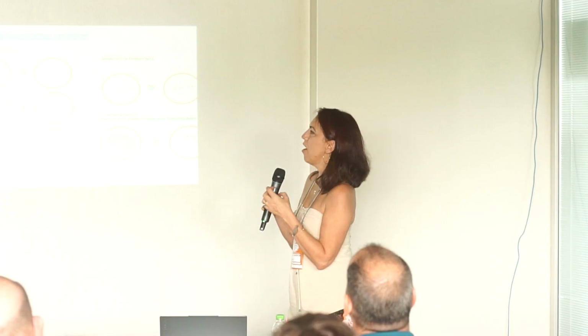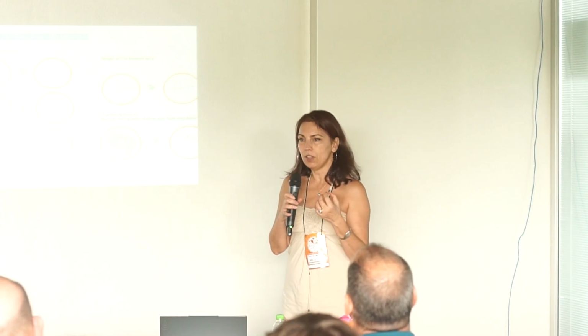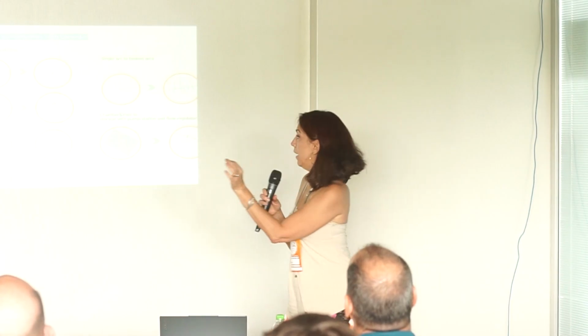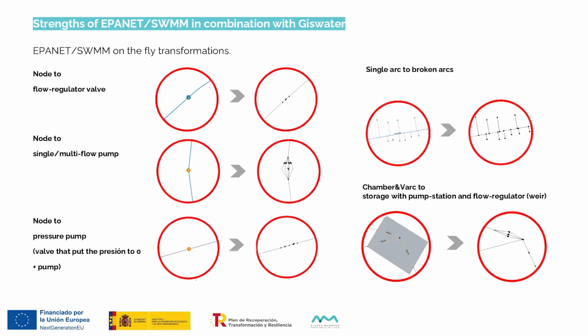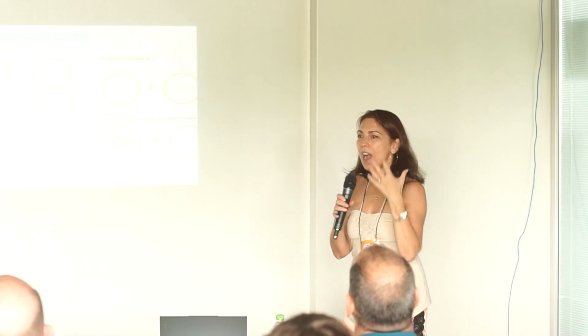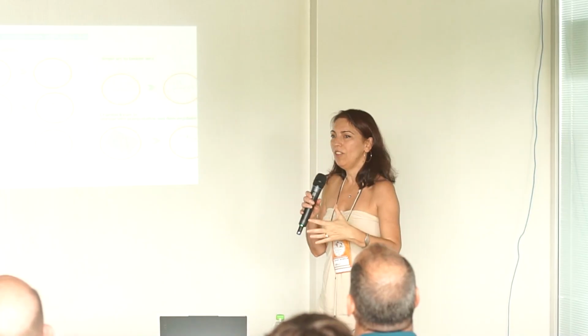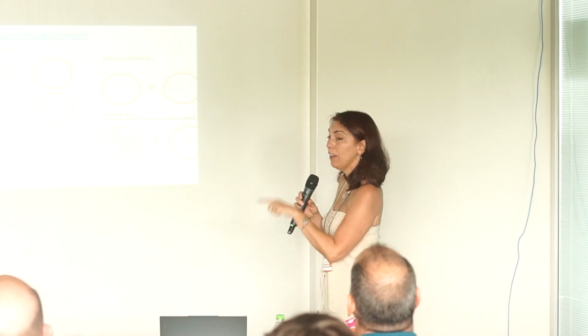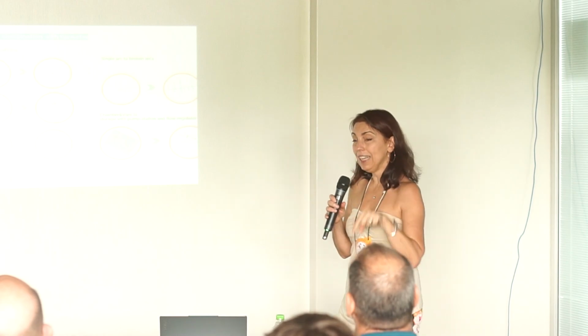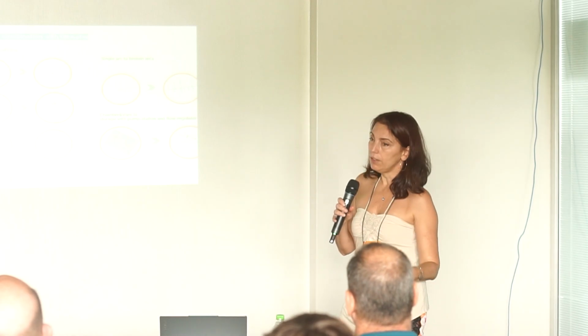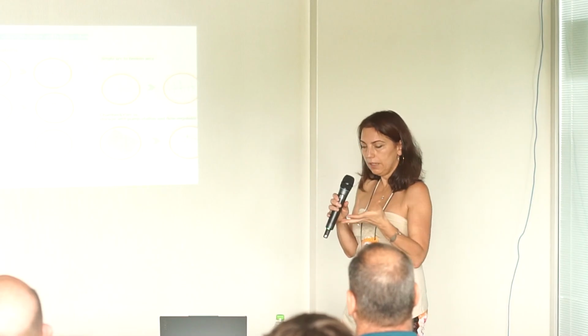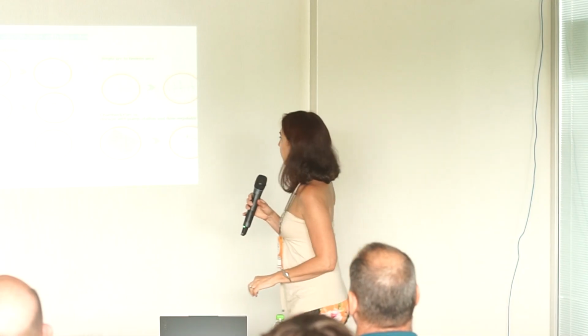They name it flying transformation. So where in water the valve is a node, in the INP it will become an arc. So I can make as many models as I want every 5 minutes, because all the information is in the database of the GIS, or in the main database.